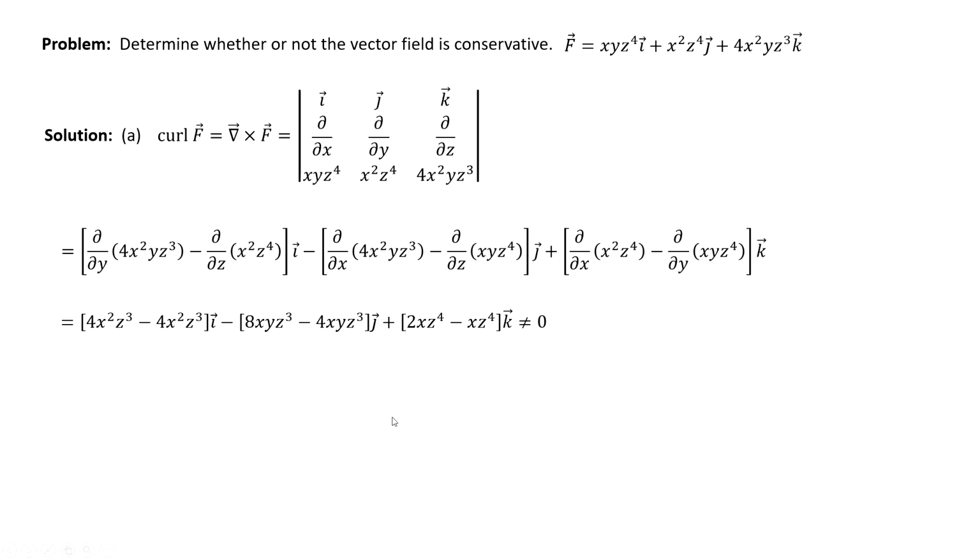And that means F is not conservative. Cool. Ta-da! That's the end of this section. If you know those definitions, you can solve problems like these two problems. I'm a happy man. Cool.